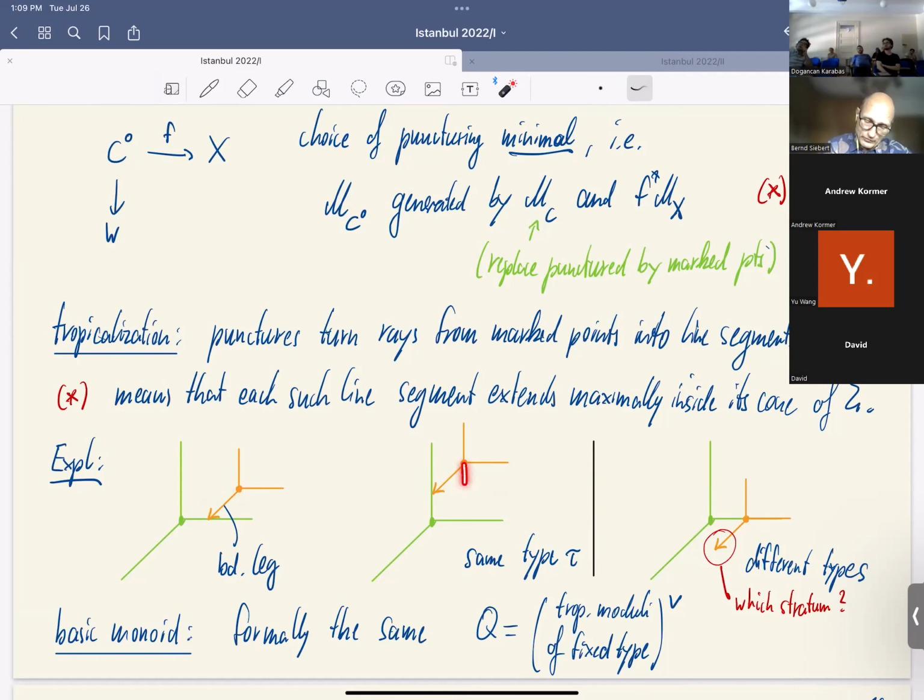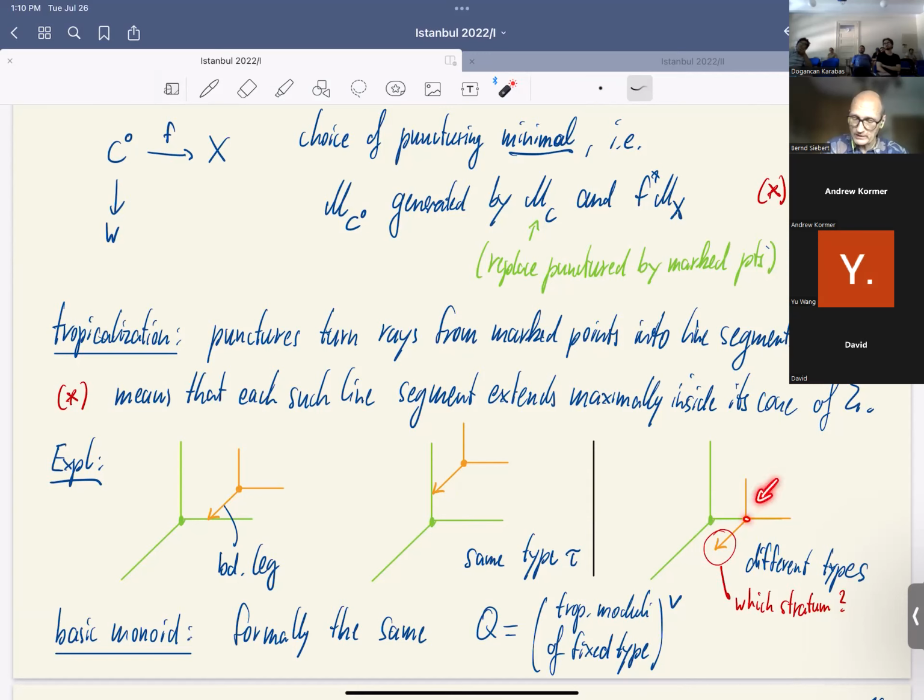But if you move that point to that boundary here, you have a bit of a problem, because at this point this vector is not a tangent vector in here anymore, right? So there are two choices now. You could either say, I take a tangent vector here, and then you turn it into a marked point. It's a very different type.